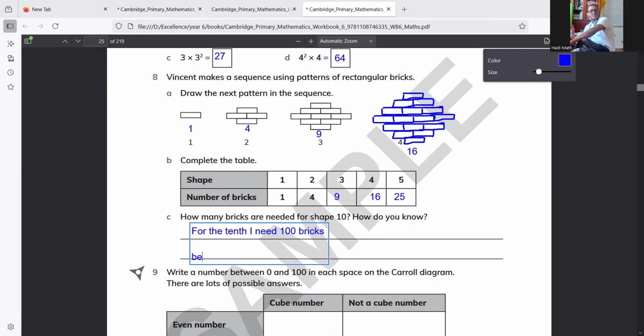Because every time we square the position. Because every time I square the position, this is what my answer is going to look like.